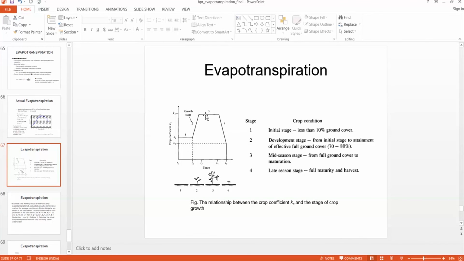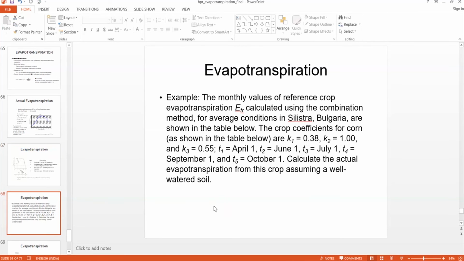K2 is the maximum water, that is K2. Then at harvesting, it is K3. So K1, K2, K3 are given, and the times of this K1, K2, K3 are given.